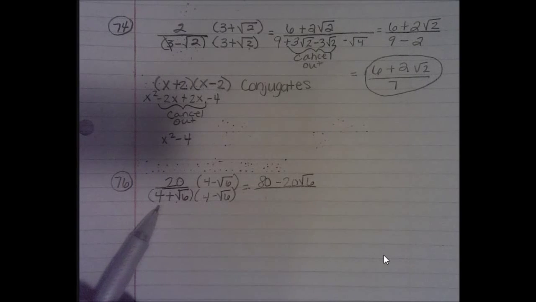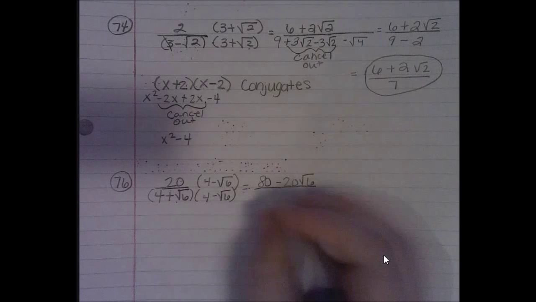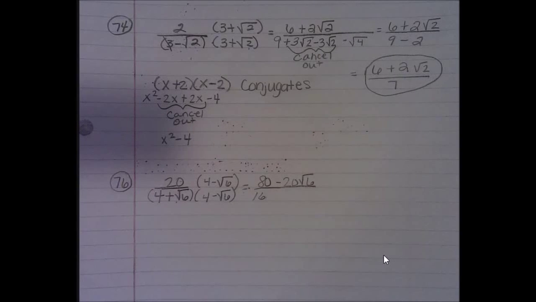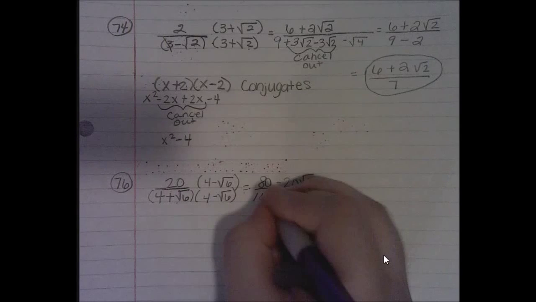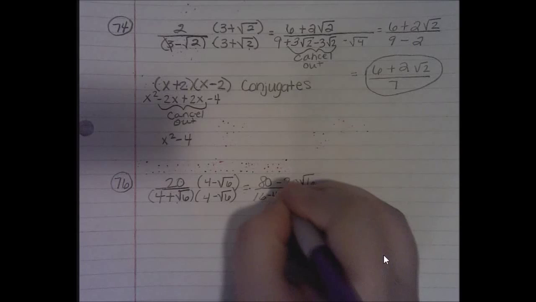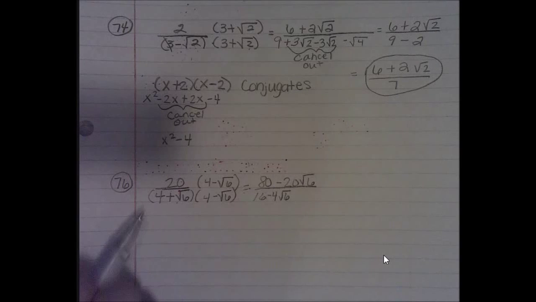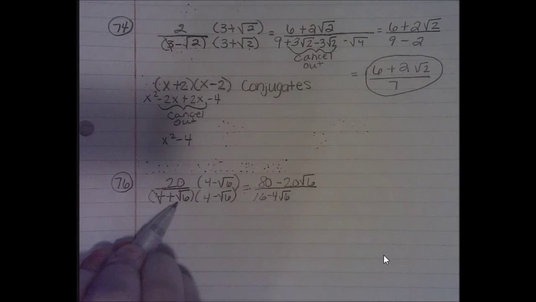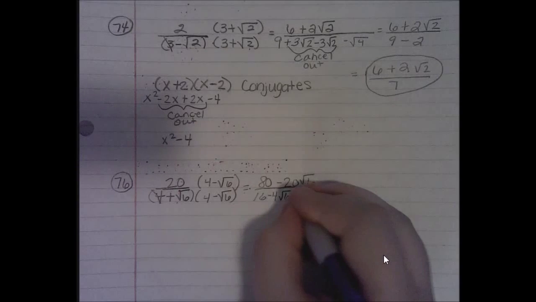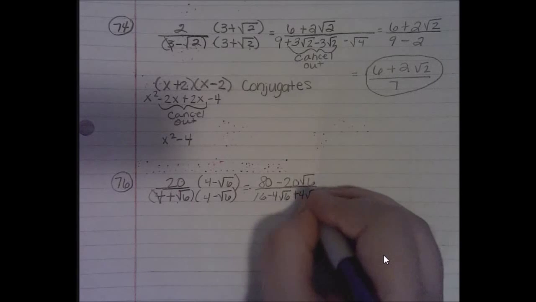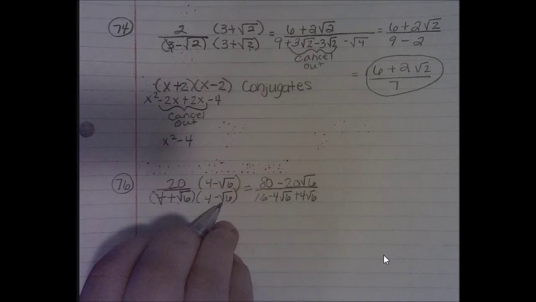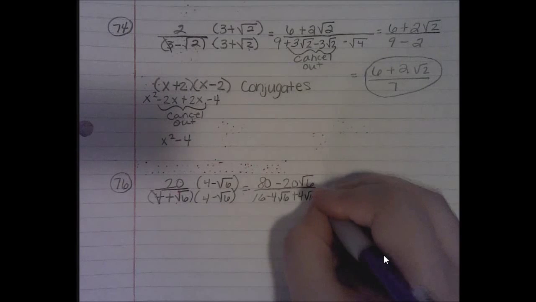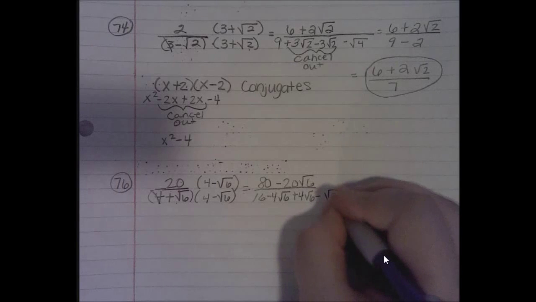So 4 times 4 is 16. 4 times negative square root of 6 is negative 4 square root of 6. Done with that 4. I've multiplied it by everything. Now I'm going to multiply the square root of 6 times 4, which is 4 square root of 6. Then I'm going to multiply the square root of 6 times negative square root of 6, which is negative square root of 36.